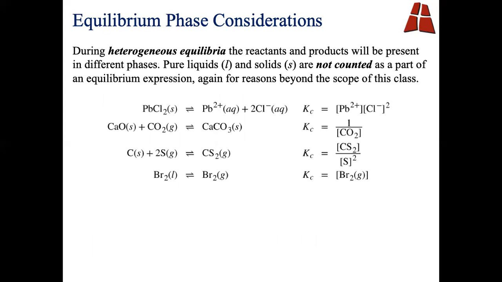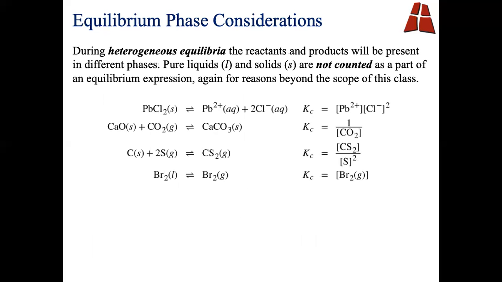Right, we can also have heterogeneous equilibria in which the reactants and products will be present in different phases. A key point here is that pure liquids and solids are not counted as part of equilibrium expressions, okay?